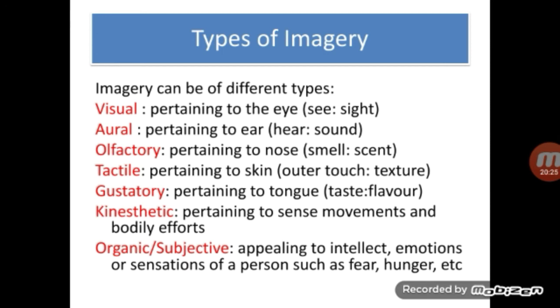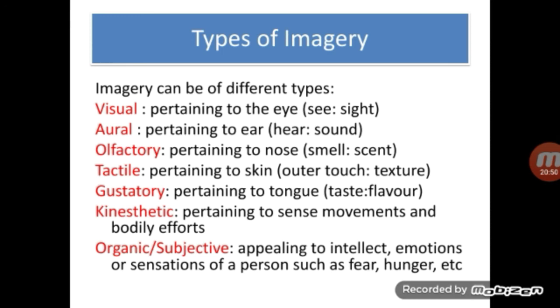Auditory imagery relates to sound and the hearing mechanism. Olfactory imagery relates to smell, that is, scent. Tactile imagery relates to skin, that is, outer touch or texture.